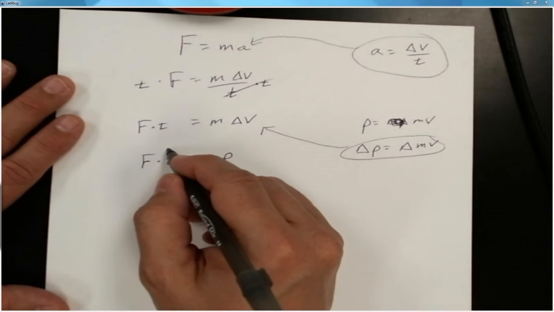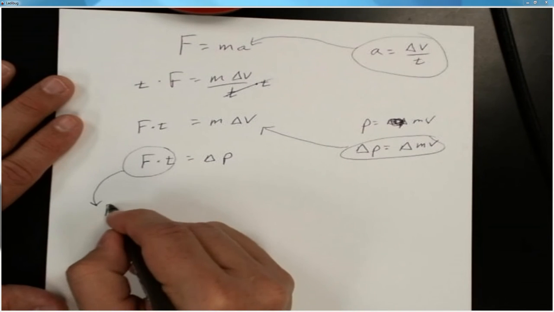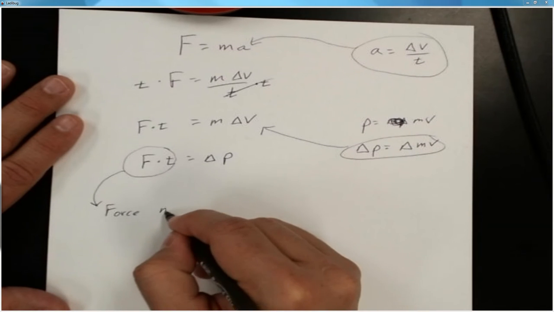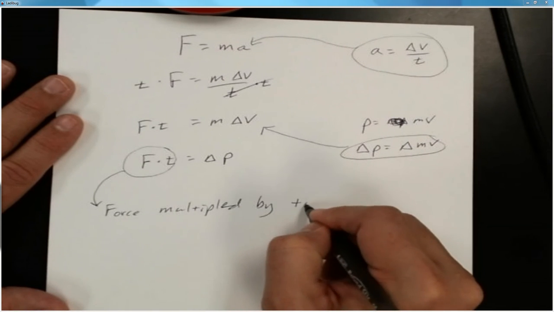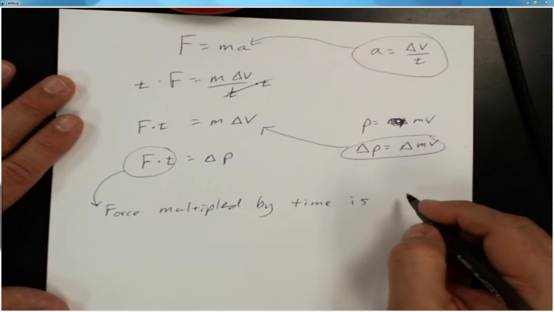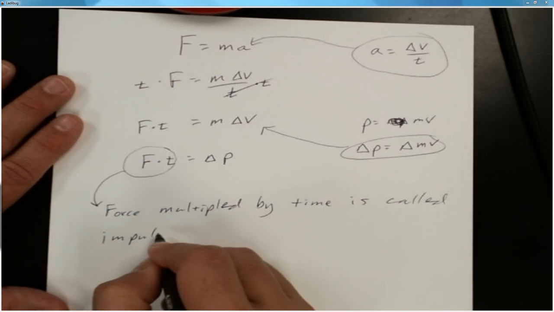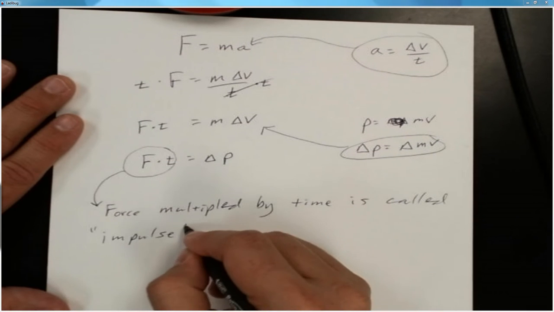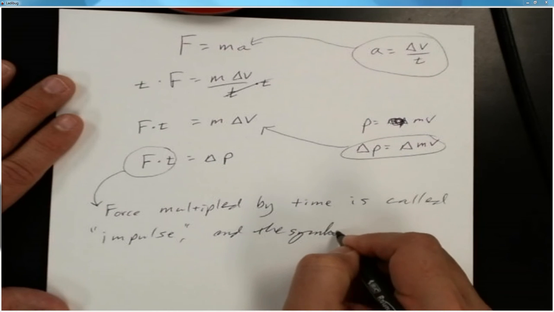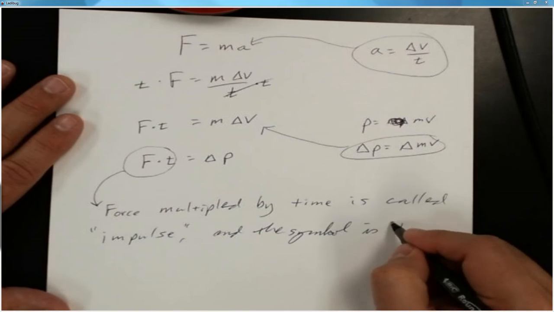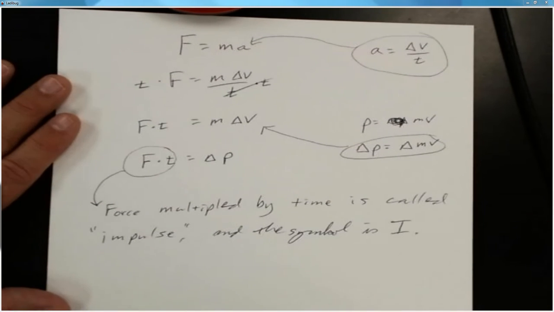We have a word for this, force times time. Force multiplied by time is called impulse. And the symbol is capital I. This can be a little confusing later if you're in AP Physics because we use capital I for something else.